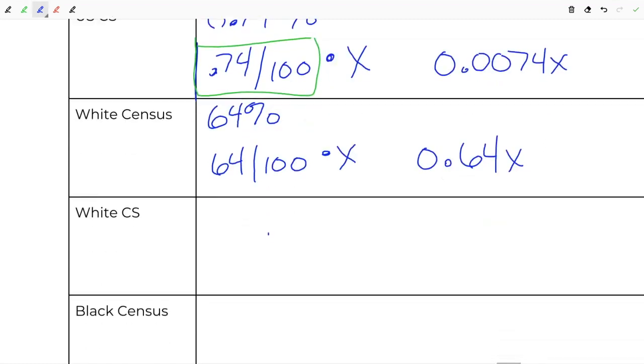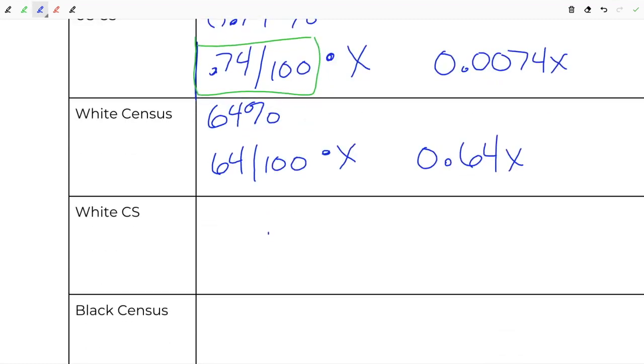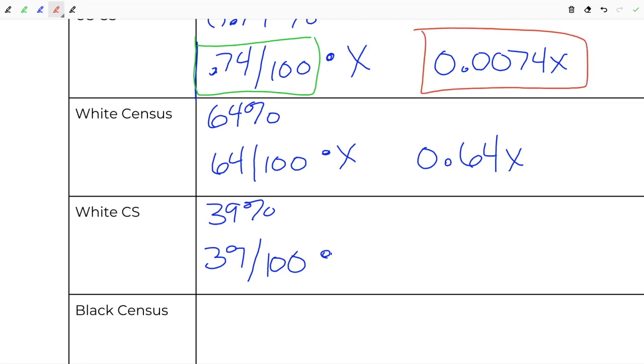and that is just 0.64X. Now, this is where it gets just a slight bit more complicated. You have to think a little bit more. 39% of people in the correctional system on my lawn are white. So that means 39 per 100 times the number of people in the criminal justice system on my lawn are white.